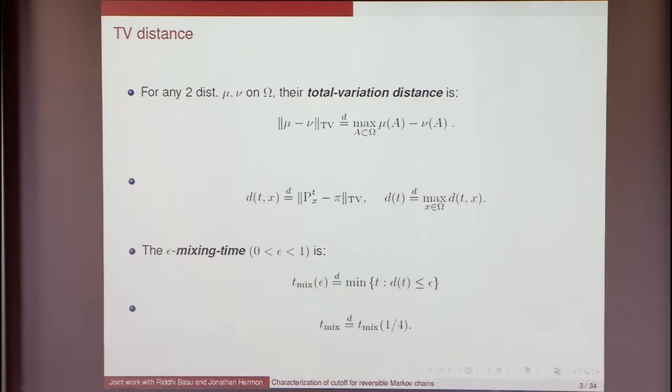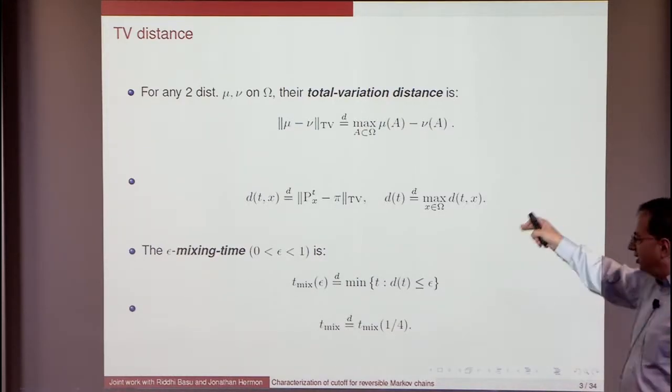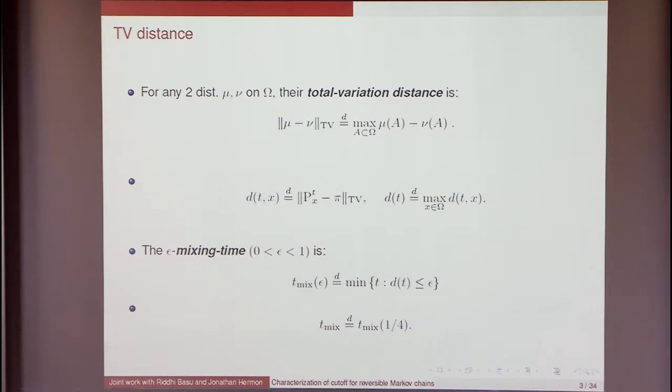And so the epsilon mixing time is a time when this is below epsilon, and this d of t is a monotone decreasing quantity, weakly decreasing. So after that time, you really are less than epsilon.